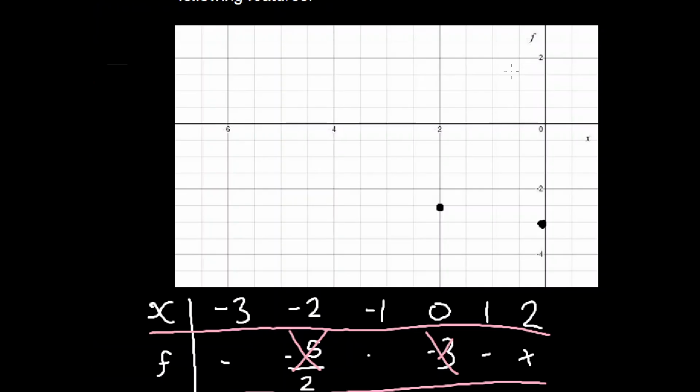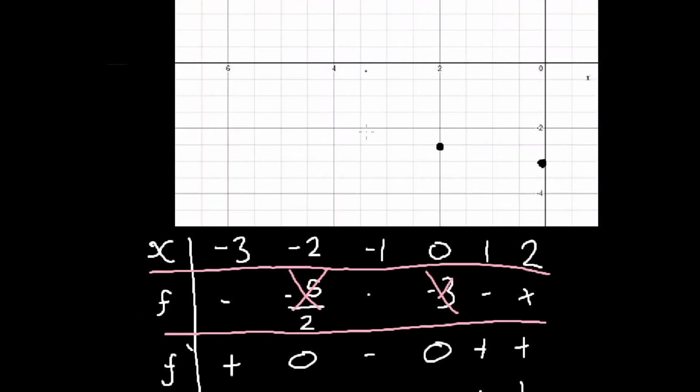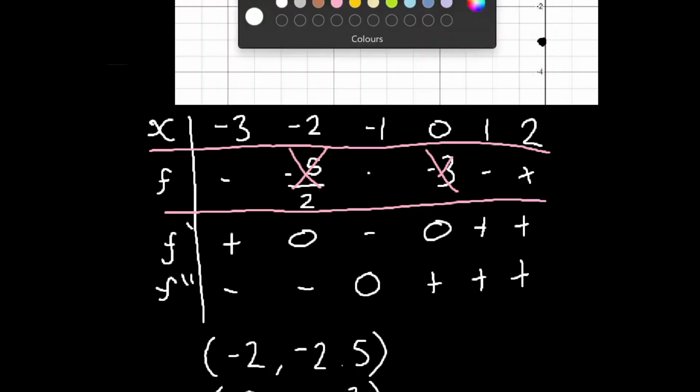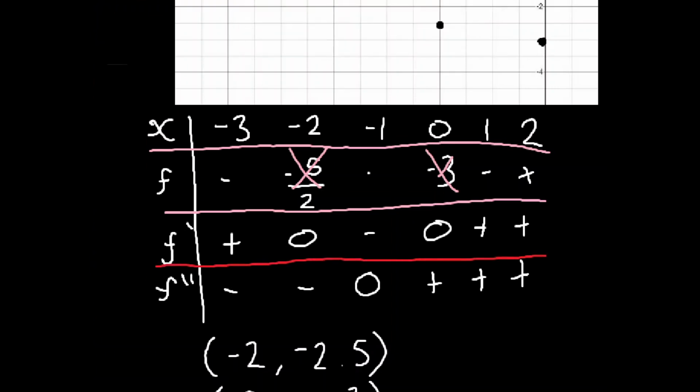So this is where we're going to use our gradient. We know that for the f prime of x, we'll go to this one, and this tells us when the gradient is going to be 0.